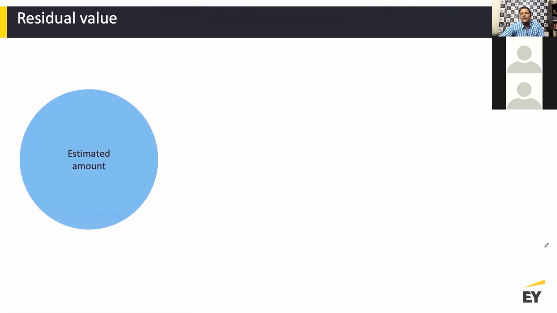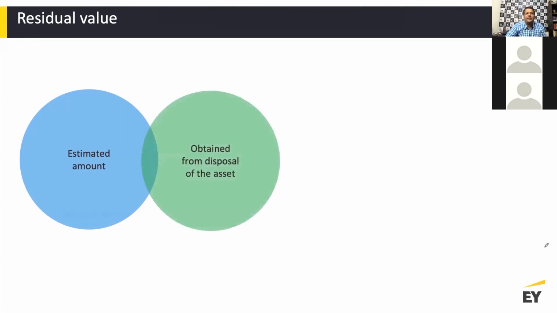Let's say you believe that after 5 years, you'll be able to dispose of it for 1 lakh rupees, then this 1 lakh rupees becomes your disposable amount or residual value. Then essentially you need to depreciate only 9 lakh rupees. You don't provide depreciation for 10 lakh, but only for 9 lakh. This is very important for you to remember, because only then will you be able to compute the correct depreciation charge in any accounting period.